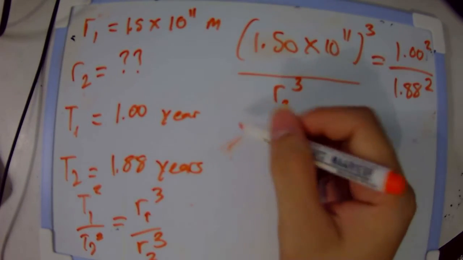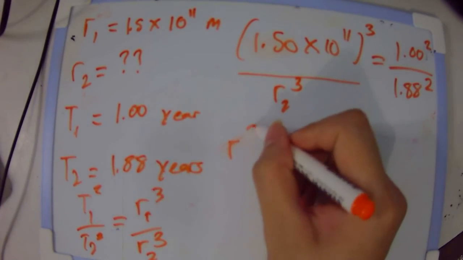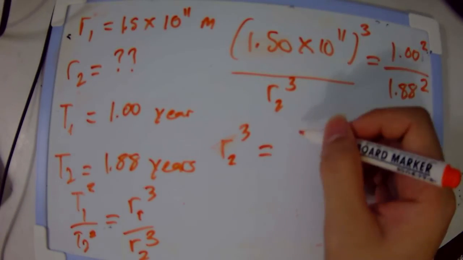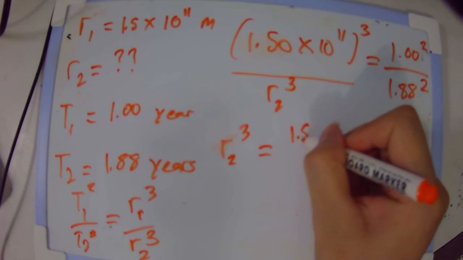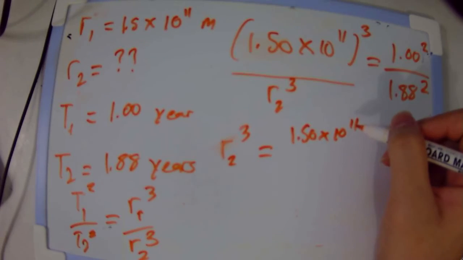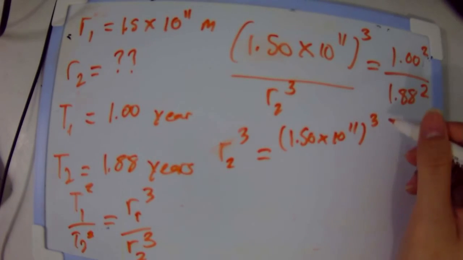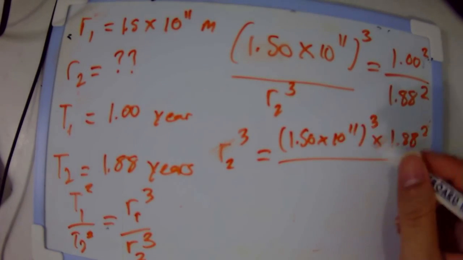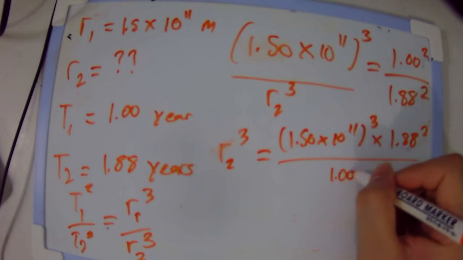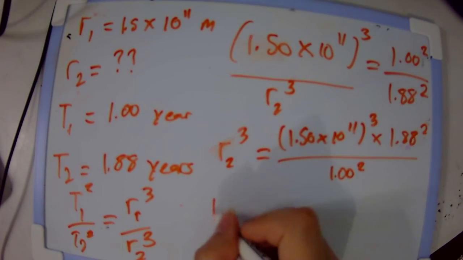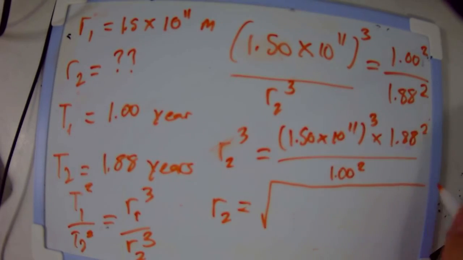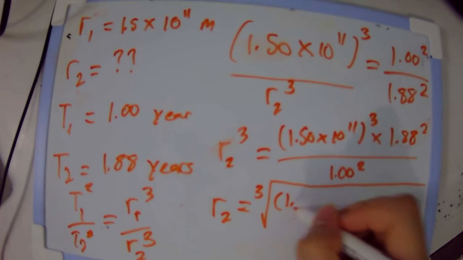If we do the whole calculation, first we need to rearrange everything. So R2 cubed equals 1.5 times 10 to the power of 11, cubed, times 1.88 squared over 1 squared. And we also need to remove the cube, so we find the cube root, and put everything in its place.